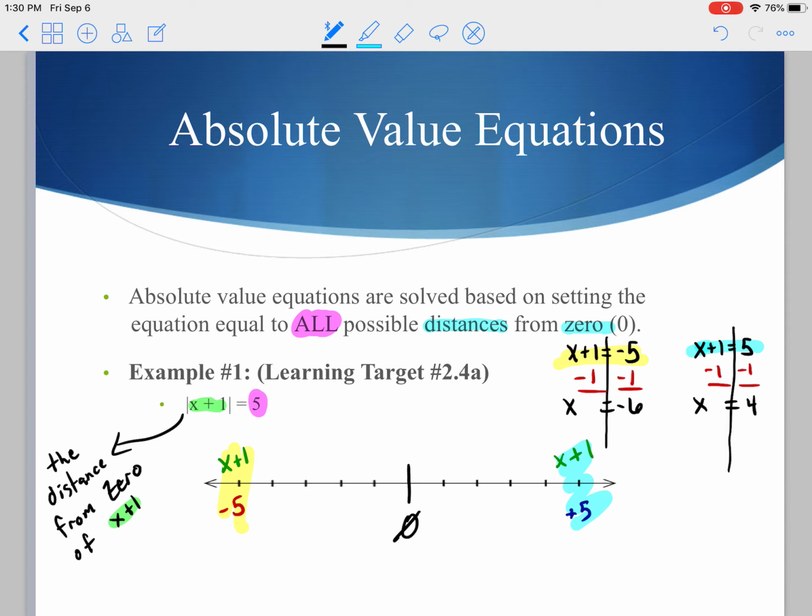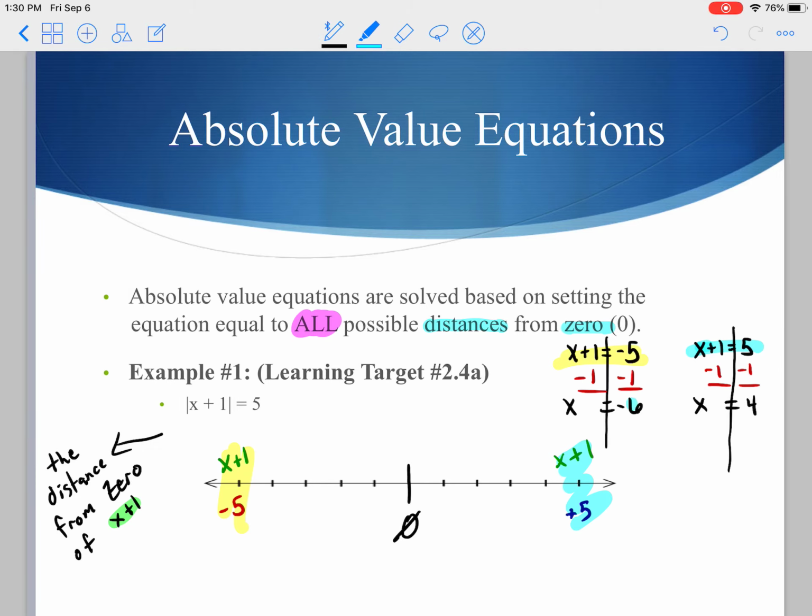Now, there's a possibility that each one of these is a solution. So what I must do is substitute back into my original equation each of these values of x to see if I have a valid solution.